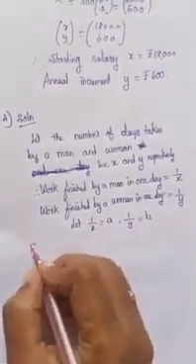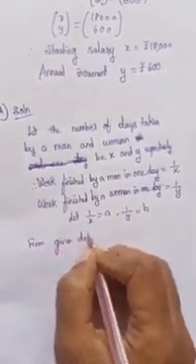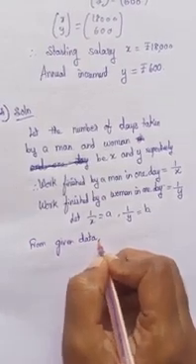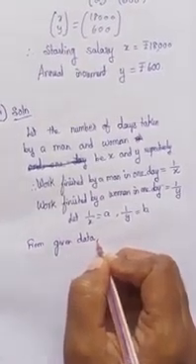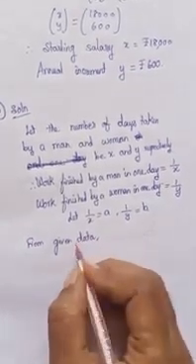Okay, so now from the given information, anyone can write it. So 4 men and 4 women can complete the work in 3 days, isn't it? That was the first data.